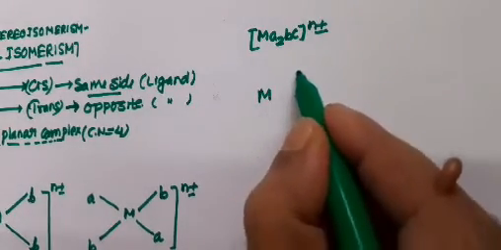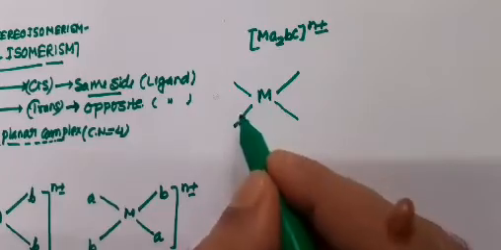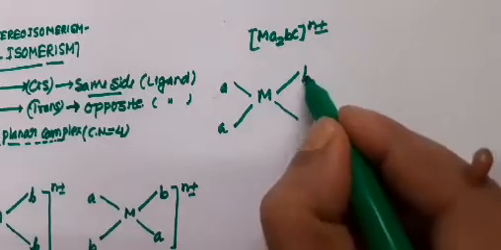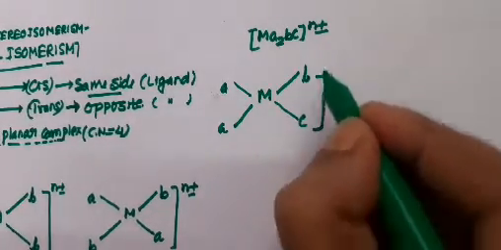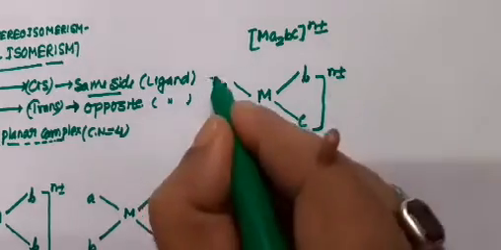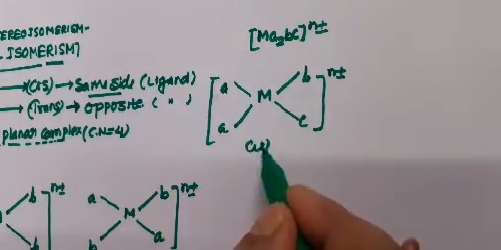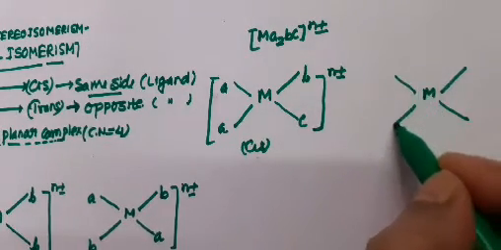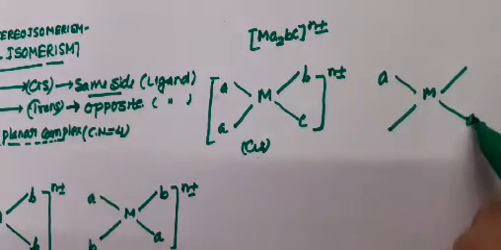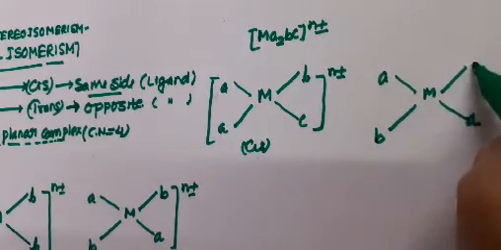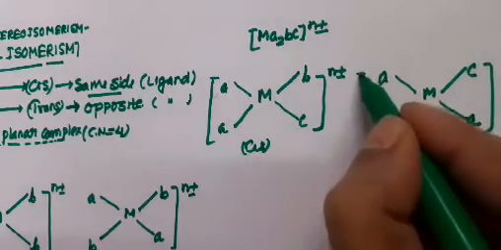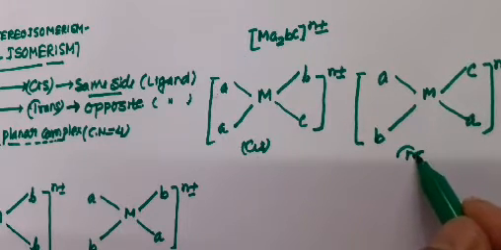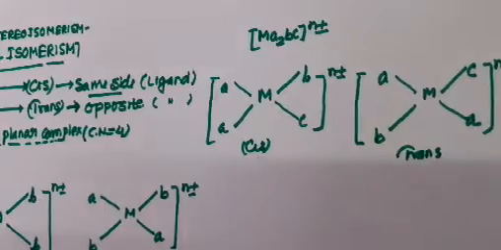So what we need to do at first is draw the structure of the square planar entity, place identical ligands on the same side and put the charge over here. This arrangement is known as cis, and similarly when we have to draw the trans arrangement, we have to place the identical ligands on opposite sides of the central metal atom or ion in a given complex. This will give you the trans arrangement.